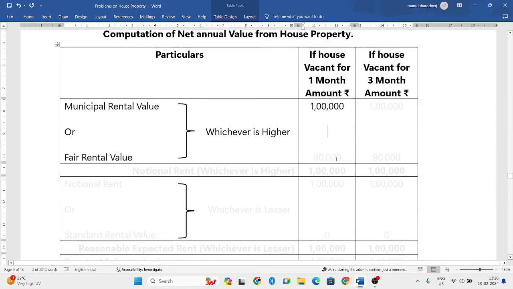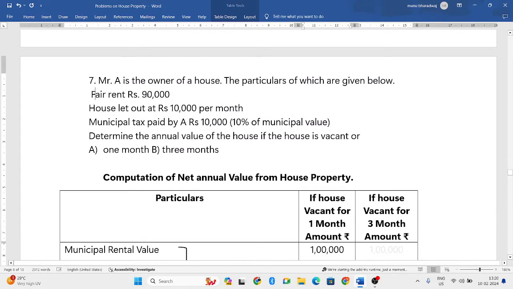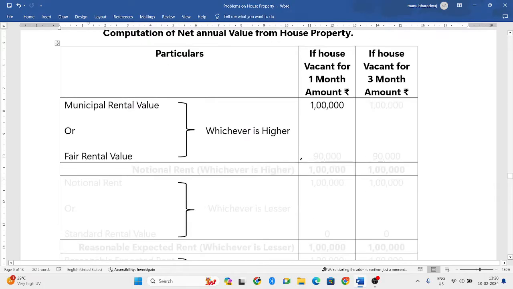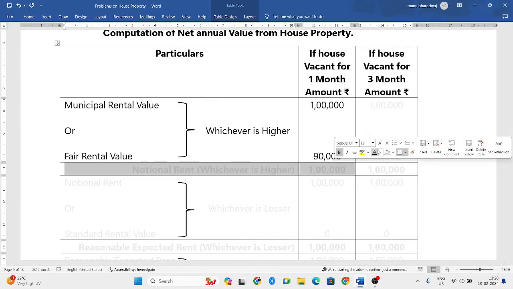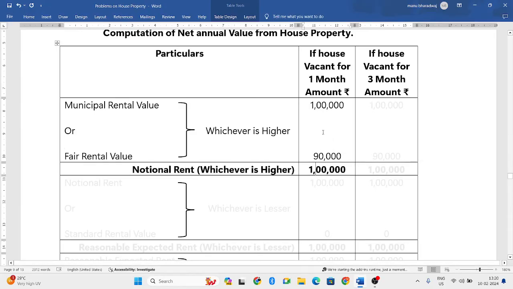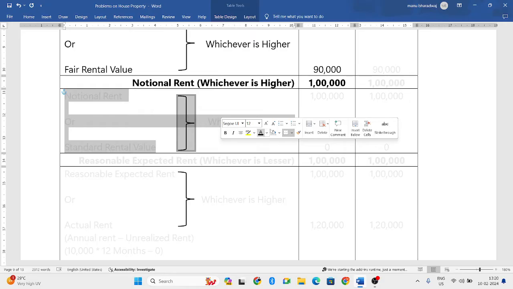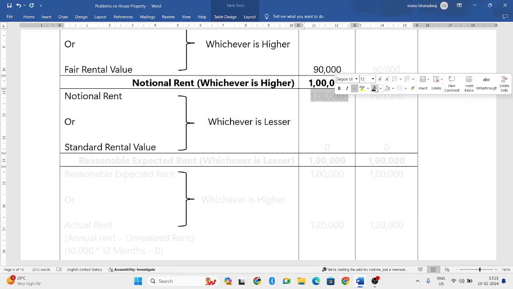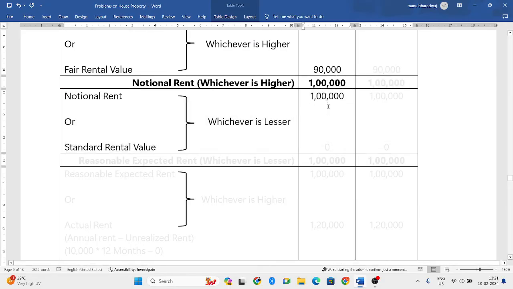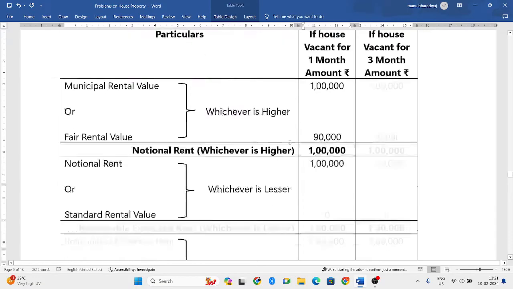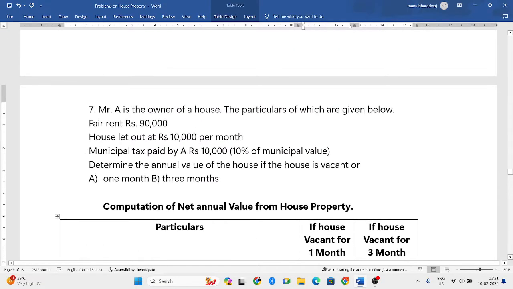That will be compared with fair rental value. The fair rent they have given in the question is 90,000. Out of these two, whichever is higher, 1 lakh is higher, so it will be considered as notional rent. Next, this notional rent will be compared with standard rental value. The standard rent they have not given anything.